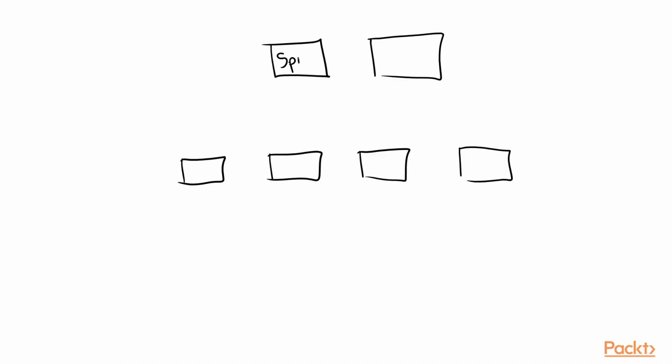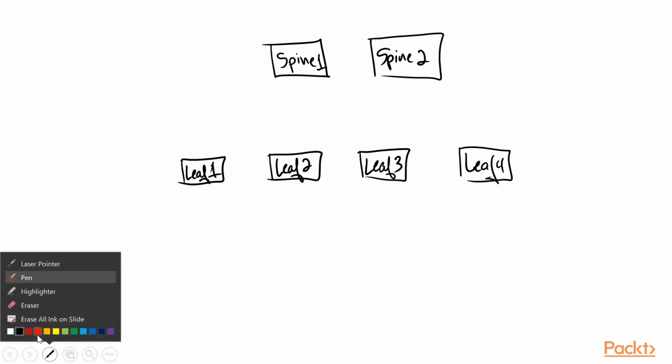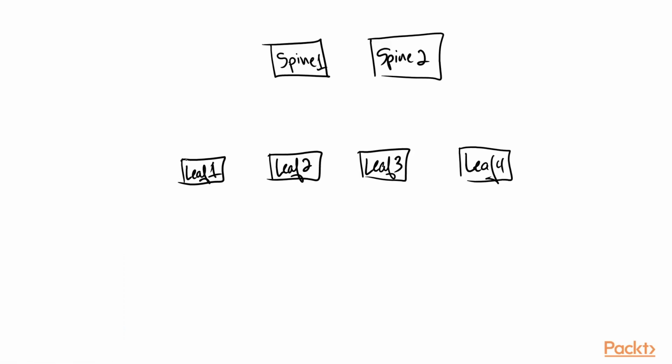I'm going to go ahead and label this spine 1, spine 2, leaf 1, leaf 2, leaf 3, and leaf 4. Right? So let's go ahead and make some connections. I'm going to leave it in black.